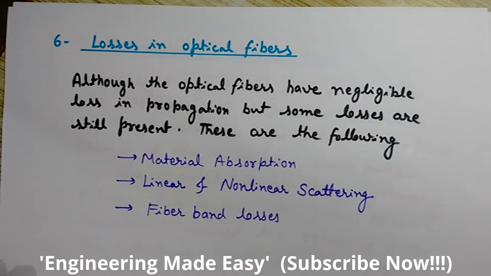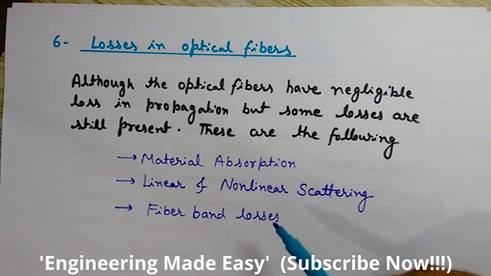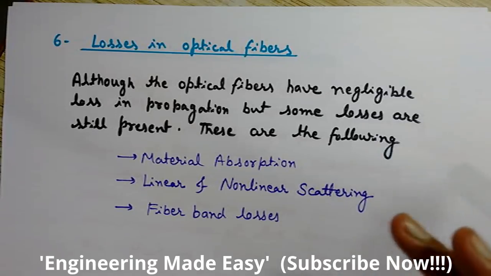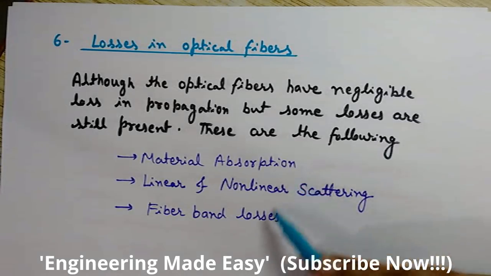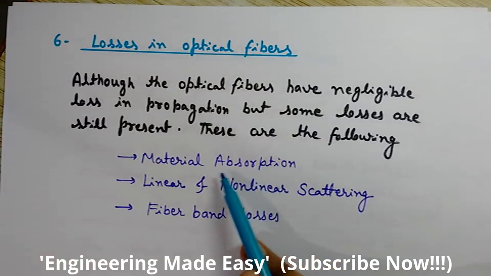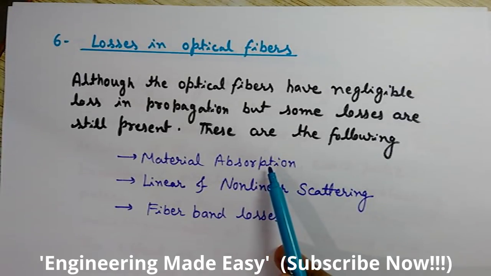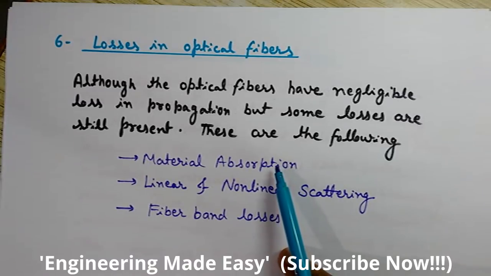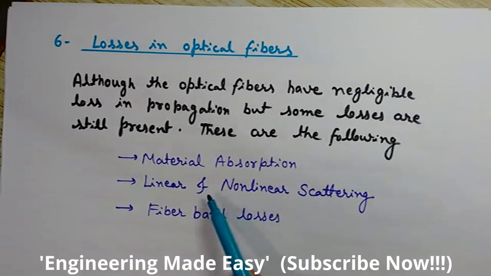Actually it is not possible to cover all these things in detail. We will have separate lectures for discussing each of these and also many other points that we have discussed. So it is good to know the points only in this lecture. Material absorption: the material used in the construction of optical fibers absorbs some light energy. And linear and non-linear scattering of the light rays also takes place.